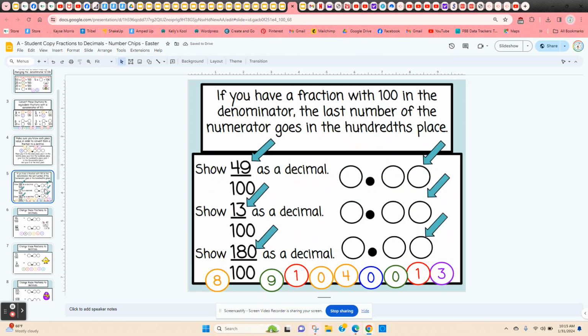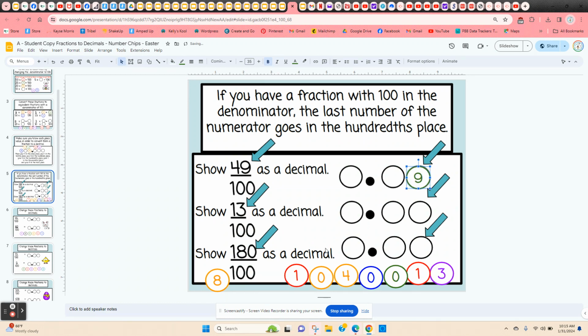The next slide explains how to change this fraction with 100 in the denominator to a decimal. So if our denominator is 100, then we look at our numerator. The number here on the far right is going to go in the hundredths place if our denominator is 100. So we know the 9 has to go here.